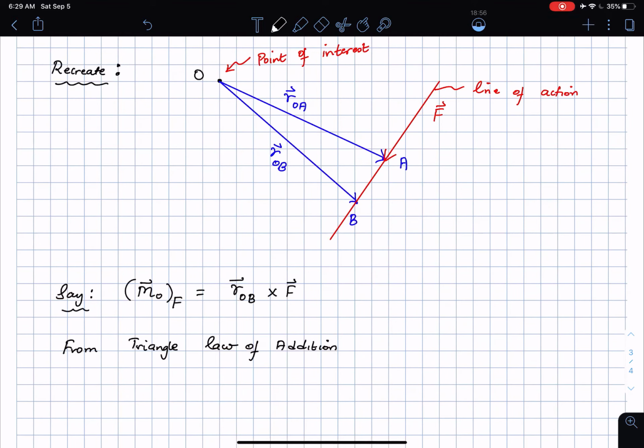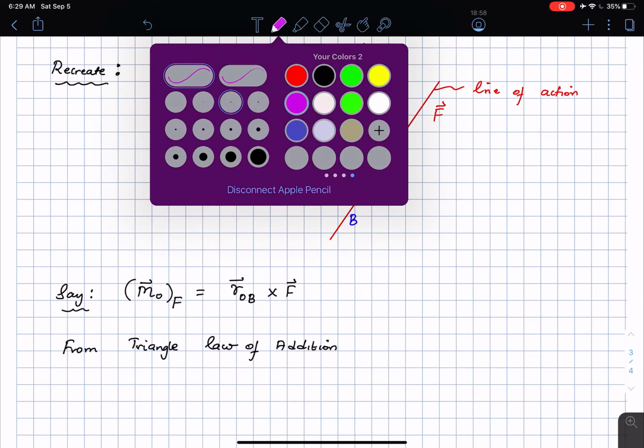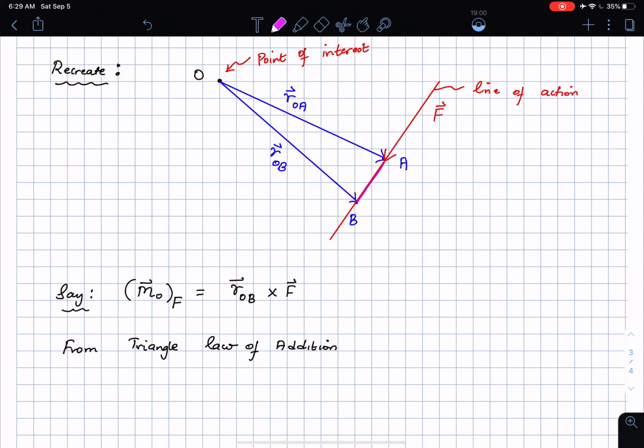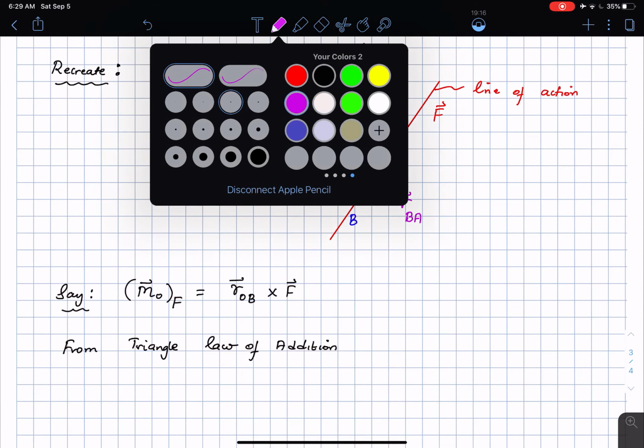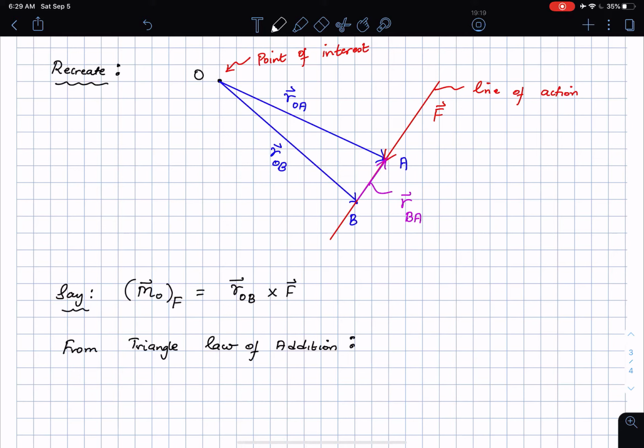From the triangle law of addition, if I join the head of vector A and the head of vector B, and align it directly this way, I get one more vector which I'm going to call the vector R from the point B to the point A. From the triangle law of addition, you know that vector R_OB plus vector R_BA is equal to vector R_OA.